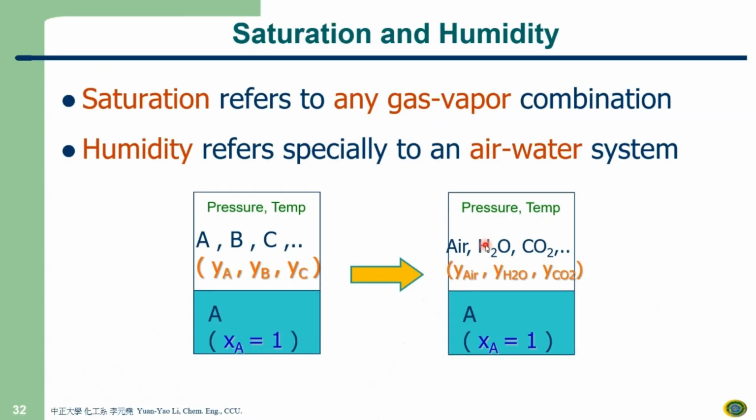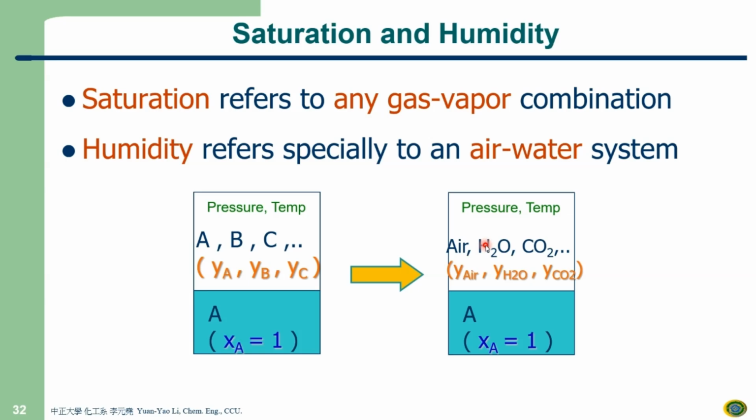Now, what we want to talk about in this topic is how we are going to determine the humidity. These terms are saturation and humidity. Saturation refers to any gas-vapor combination, but humidity only talks about H2O. It's about air and water only.